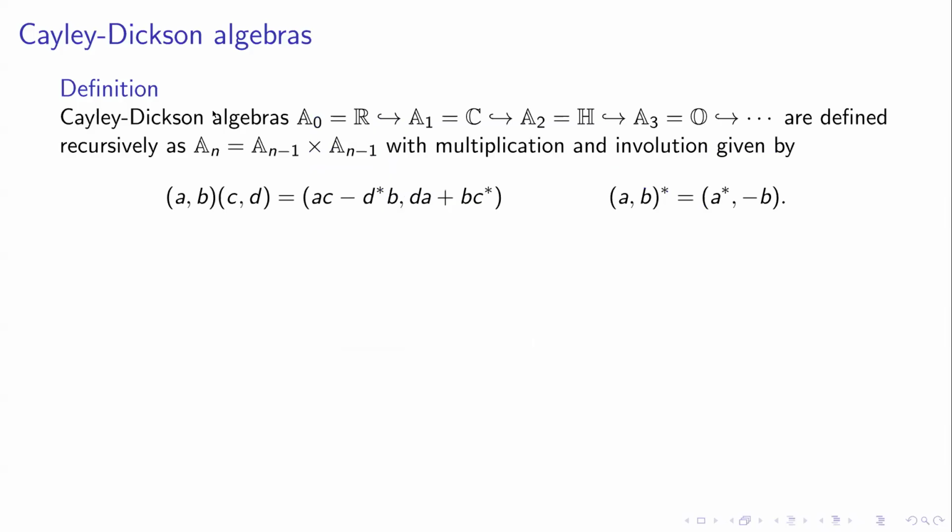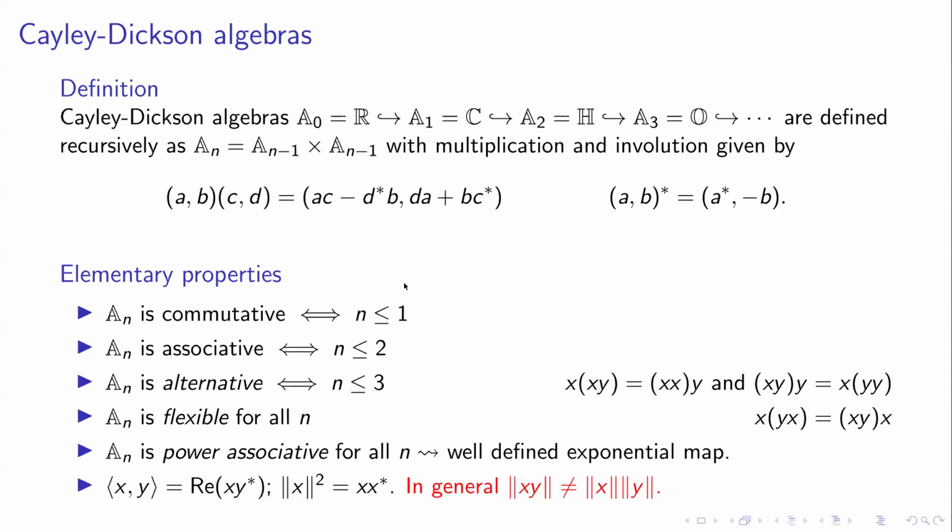They are constructed recursively, starting with the real numbers, and in each step you double the dimension, and the multiplication and a conjugation are defined in this way. The first Cayley-Dickson algebras are very well known: the real numbers, the complex numbers, the quaternions, and the octonions. And the sedenion algebra is the following one, which has dimension 16.